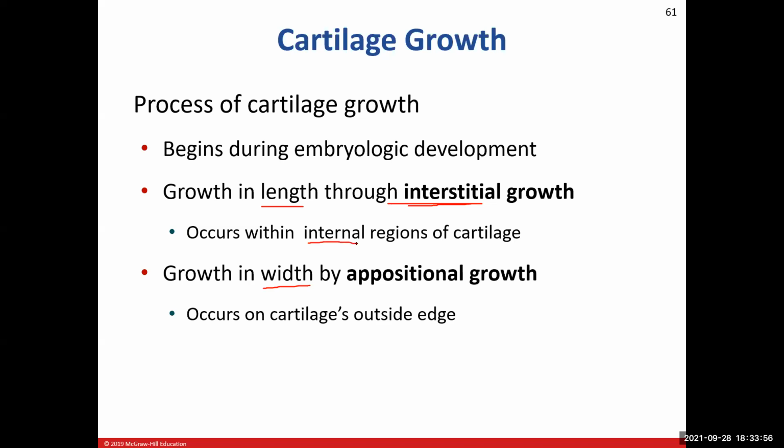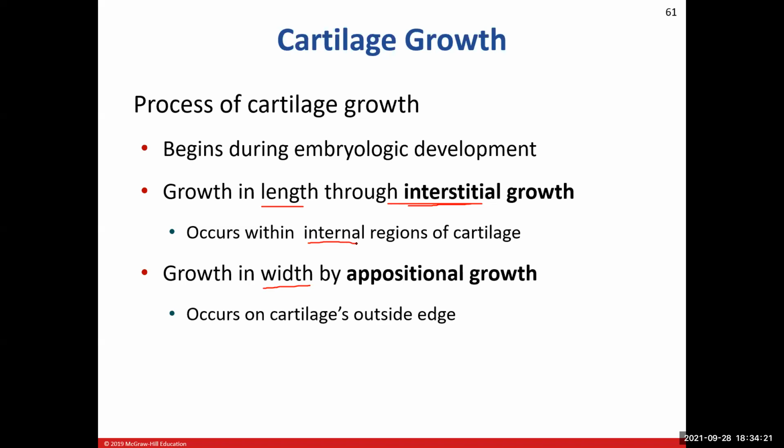The other type of growth is the width. Also like a tree, when you're looking at the trunk of the tree, you'll notice young trees usually have a smaller trunk. As that tree starts to grow and get older and older, the trunk expands and gets bigger and thicker. So it's going to grow in width.